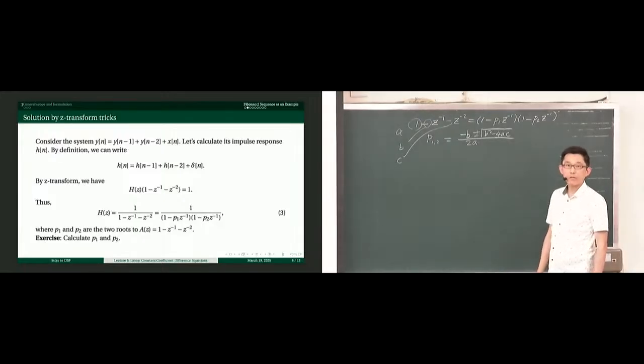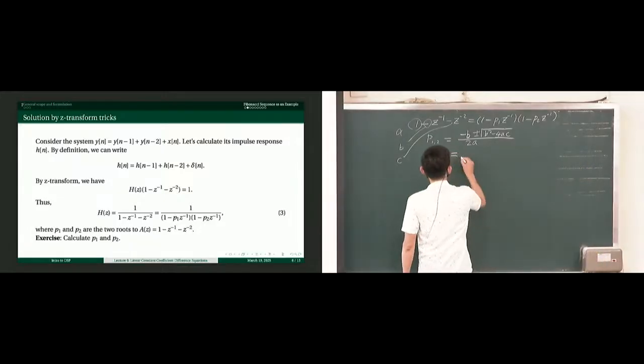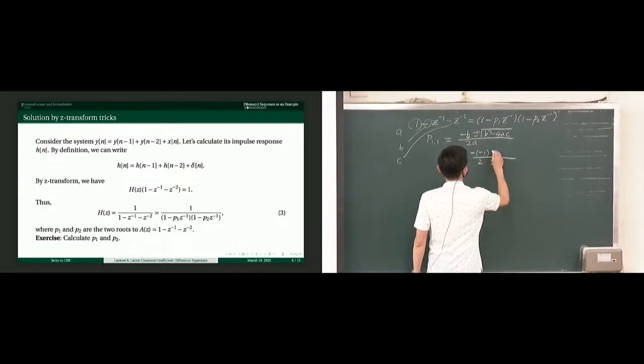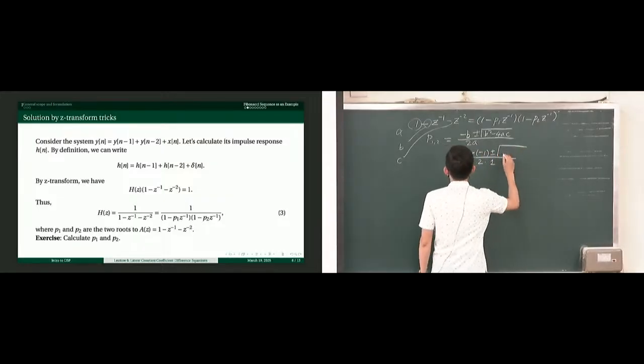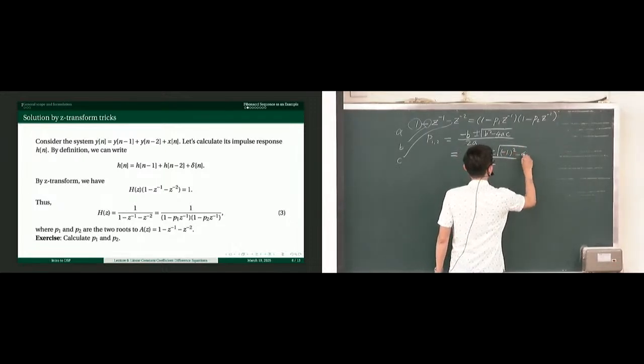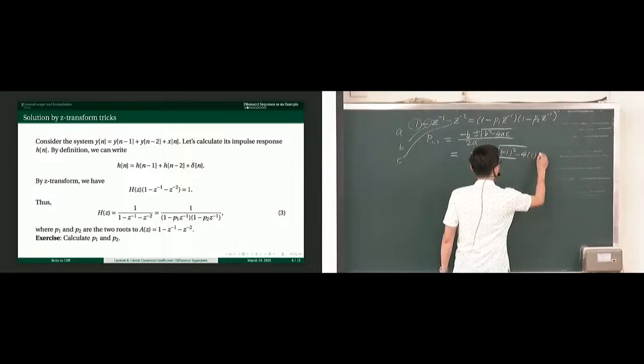So equals 2 times 1, minus of minus 1, plus or minus the square root of B squared minus 4 times 1 times minus 1.